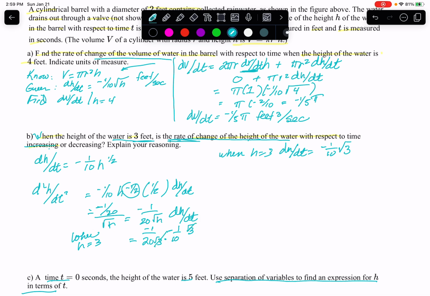These square root of 3's go away, and I have 1 over 200. It says increasing or decreasing. So that's positive. It's greater than 0.